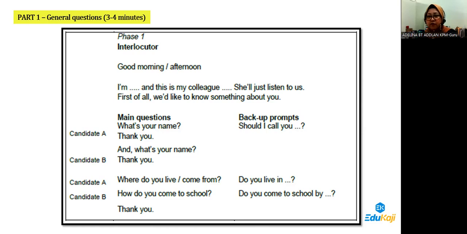And question for part 1 is actually quite the same. And I've never seen that it changes from years. It's basically asking what is your name, and then where do you live, how do you come to school. Very, very simple question, just to make the students be engaged in the speaking task throughout.